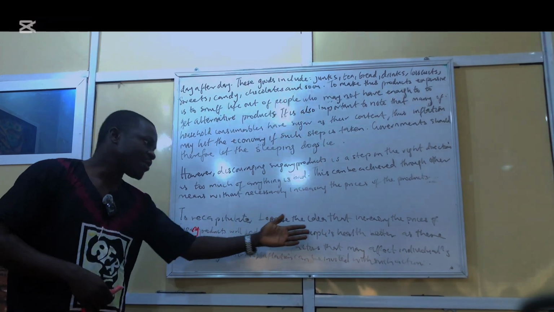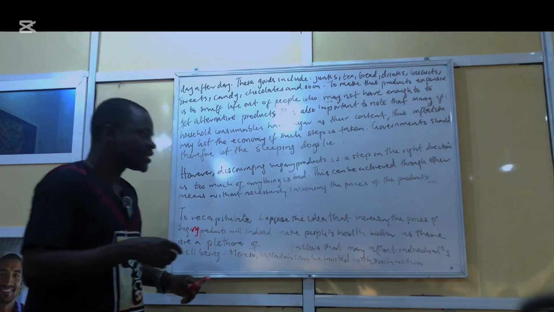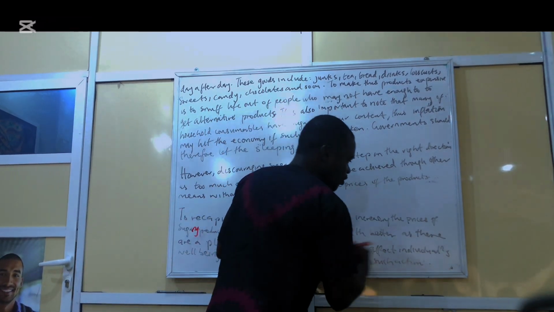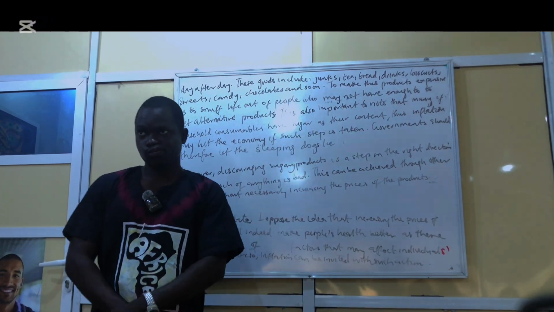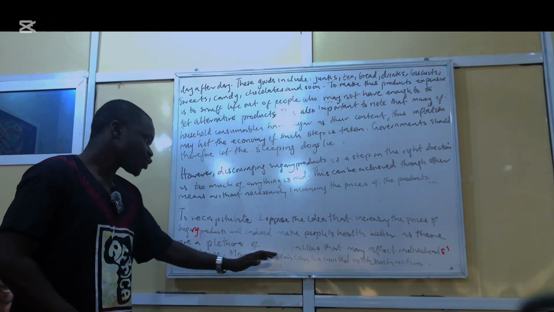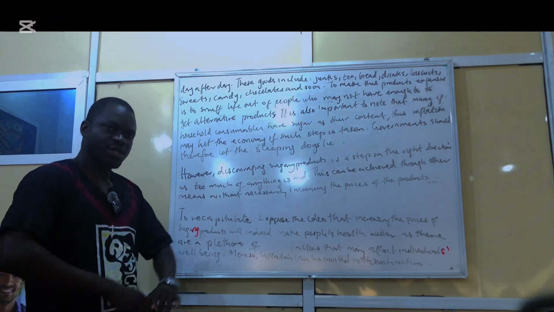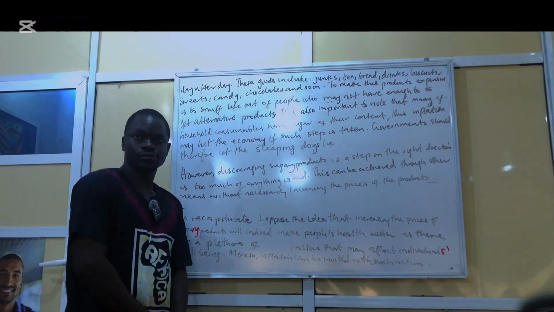The plethora of factors that may affect individuals' well-being. More so, since I've been using plural, let me use this one. More so, inflation can be invited with such action. So this is me recapitulating and summarizing everything for us.